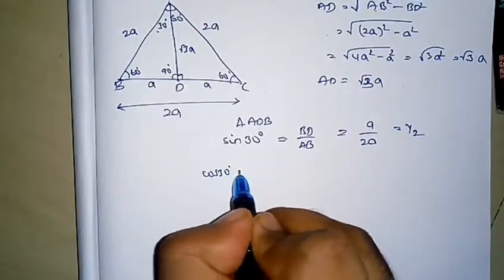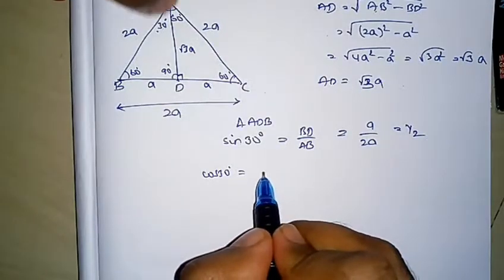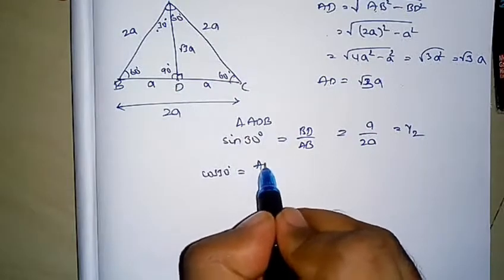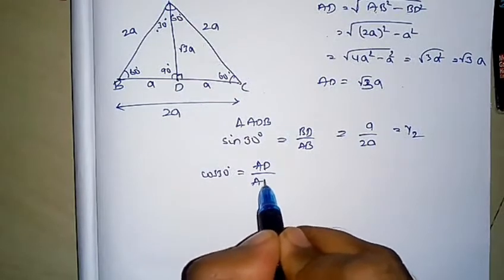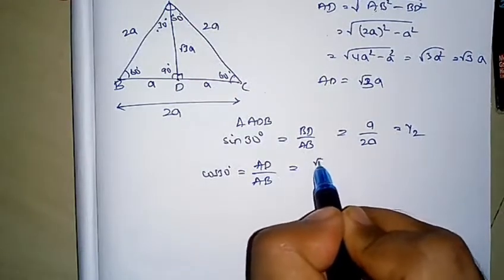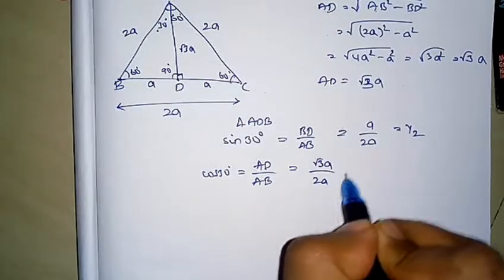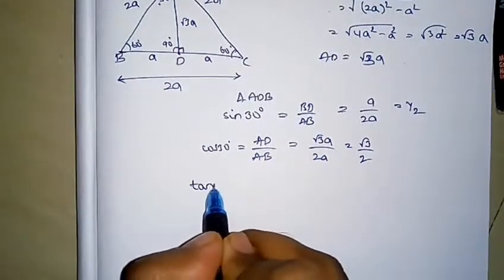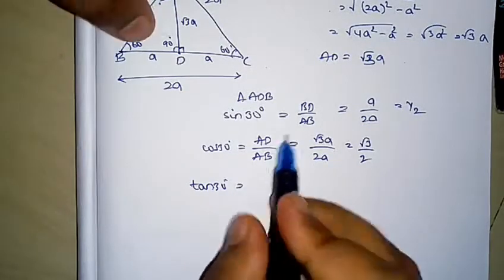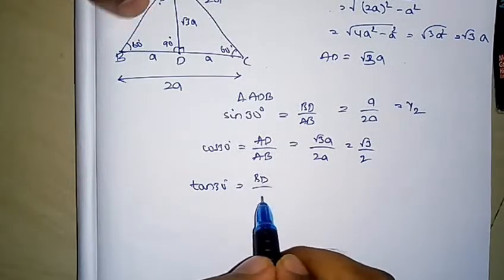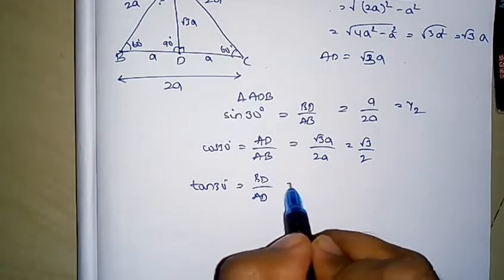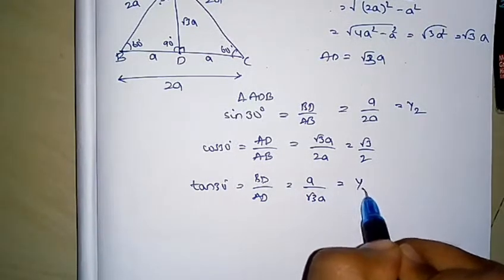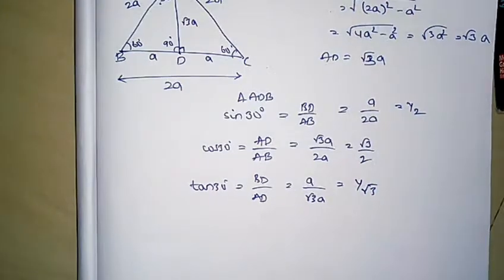Cos 30 degrees will be equal to adjacent side AD by hypotenuse AB, which is equal to root 3A by 2A, which will be equal to root 3 by 2. Tan 30 degrees will be equal to opposite side BD by adjacent side AD, which is equal to A by root 3A, which is equal to 1 by root 3.